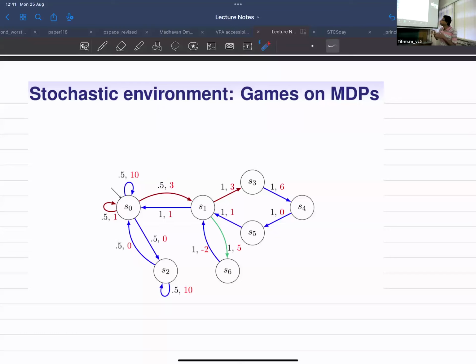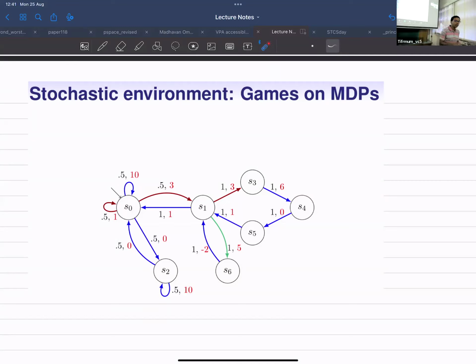And sometimes for certain kinds of objectives, one may even need infinite memory, and it may require randomization. If I come here every odd number of times I reach here, I may have to do a mixing of the brown and the green. Every even number of steps I reach here, I may have to do a mixing of the brown and the blue.